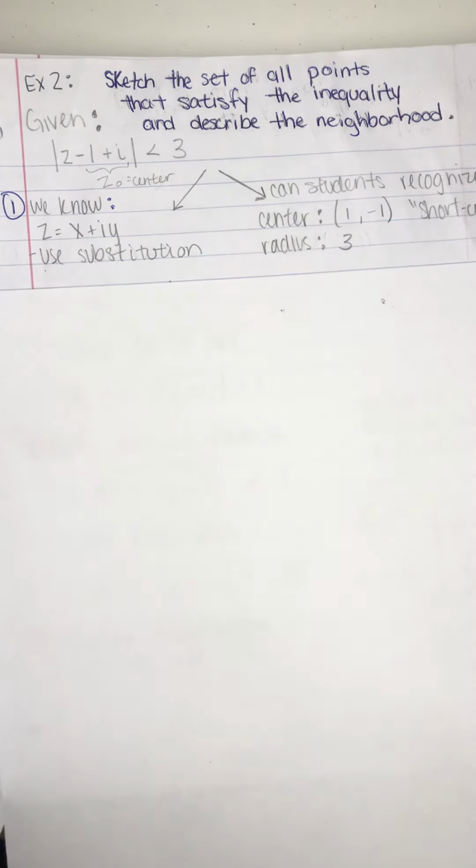This note here is, can you recognize the center and the radius just by looking at the given function? You can consider that a shortcut. If you can't, that's okay. If you can, I still encourage you to be able to work through the whole process.